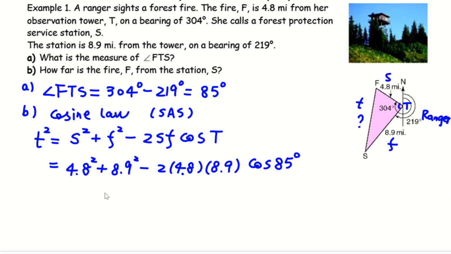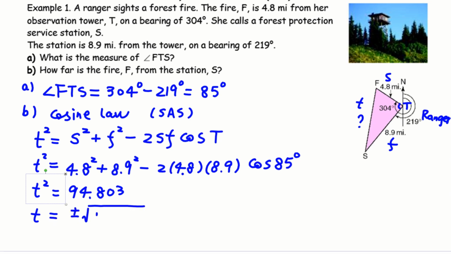Use your calculator, you will be able to find t squared equals 94.803. Then in order to solve for t, we move the squared to the other side. It will be square root.